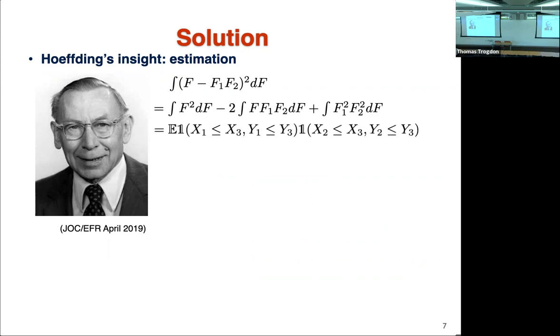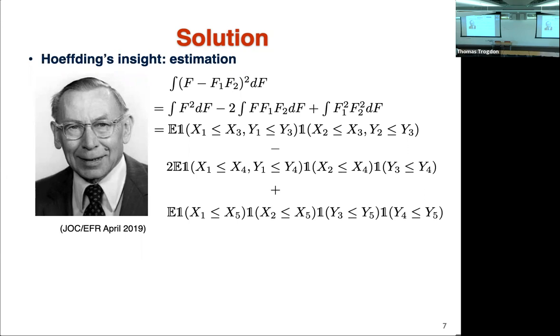The first term of this integration is actually just the expectation of these two indicator functions, recalling that (X1, Y1), (X2, Y2), ..., (Xn, Yn) are copies of (X, Y). You can verify it. Similarly, the second integral can be written down in this way, and the third integral can be written down in this way.